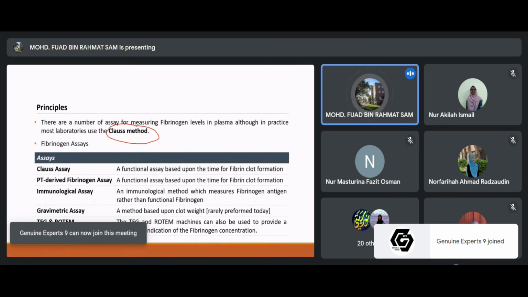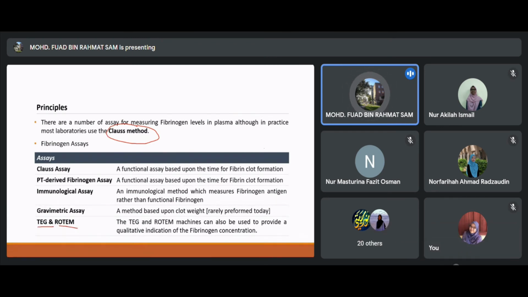So basically, TEG is thromboelastography. And ROTEM is rotational thromboelastometry. Okay.